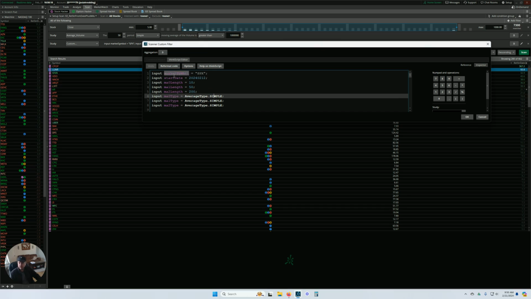And in this, you can set the lengths to whatever you want here, and you can set the moving average types to exponential if you would prefer exponential moving averages, or Hull moving averages, or weighted moving averages, or Wilder's moving averages. Those are all the options there for you. So you can set each of the three MAs to whatever types you want.